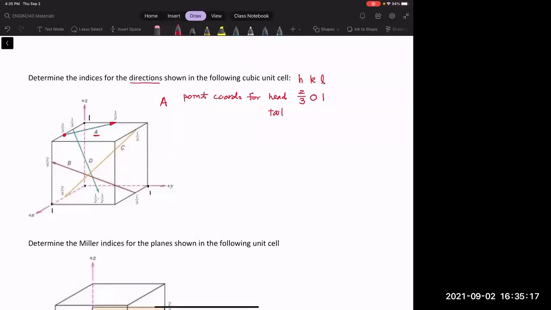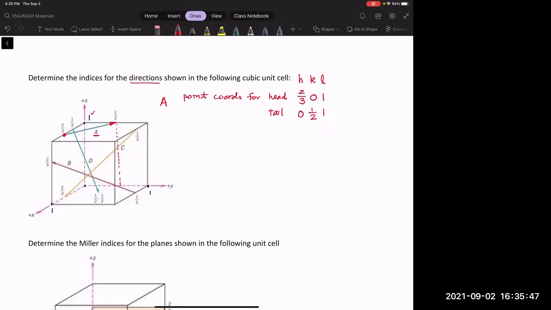So the tail is going to be x equal to 0, y equal to 1/2, and the z still equal to 1, right? So this gives you the y is 1/2, and the height is equal to 1, but there's no shifting in the x direction. That's why we get this.